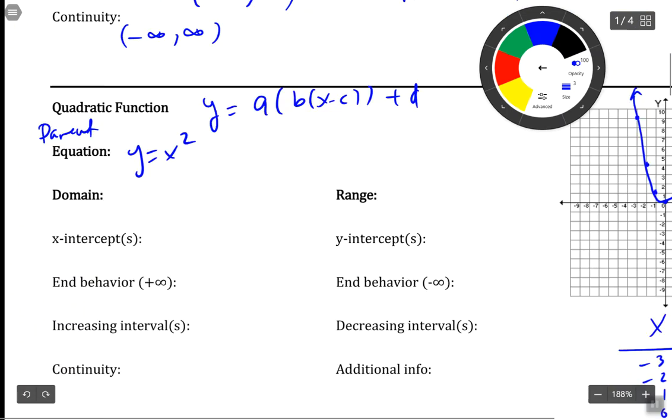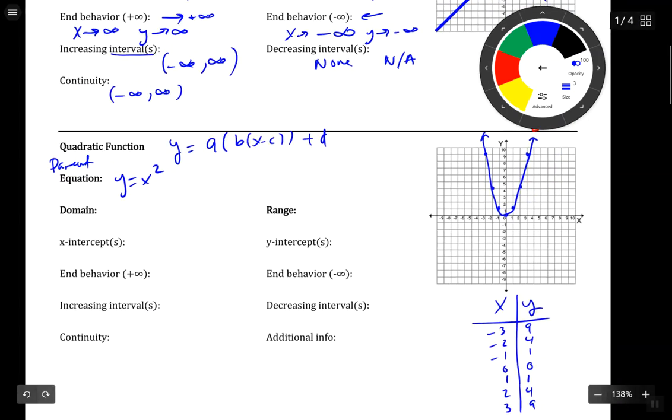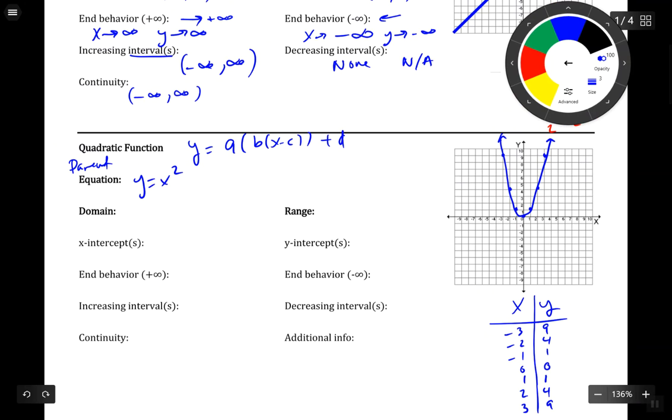All right, so looking at this function, can you answer these questions now? What's your domain? Does it go forever and ever to the left and ever to the right when we're talking about that graph? So what's my domain? Negative infinity to infinity, right?